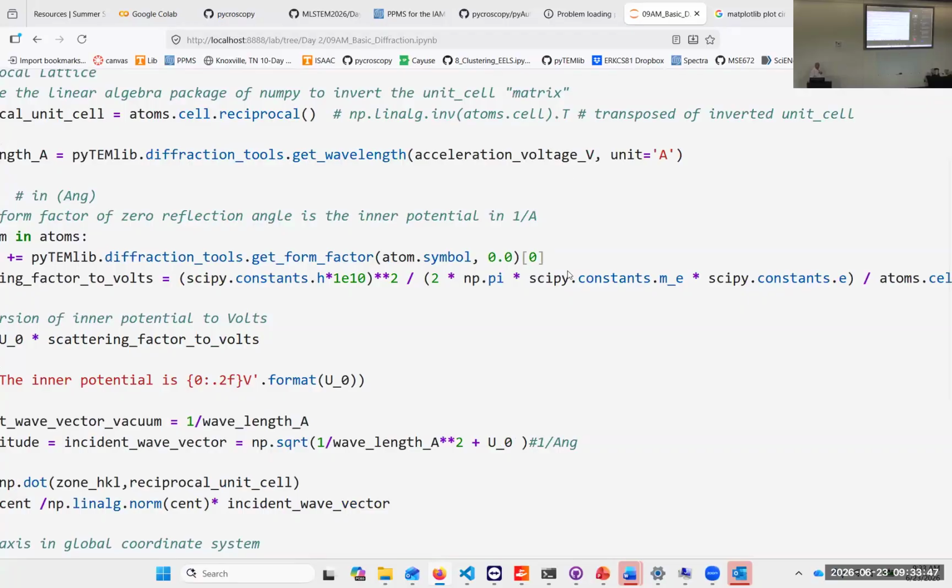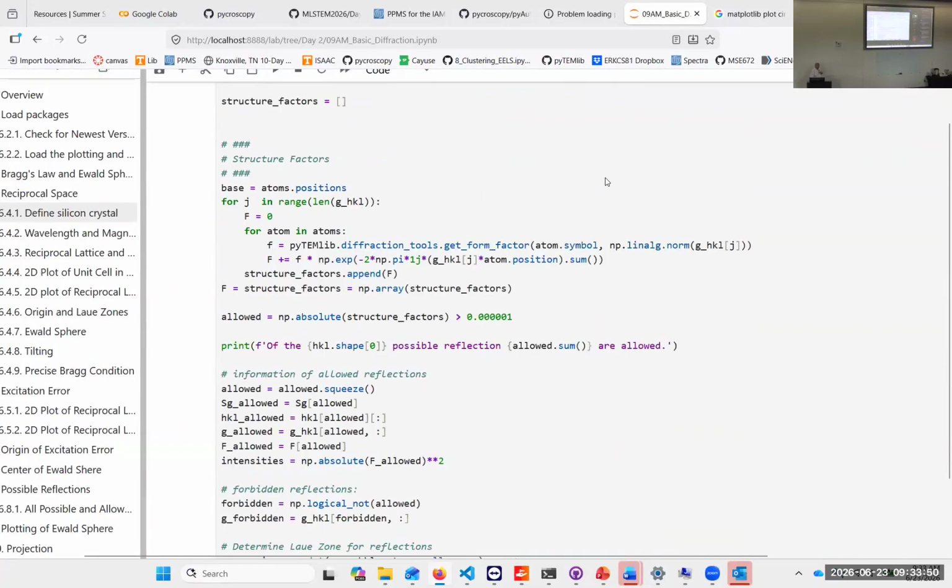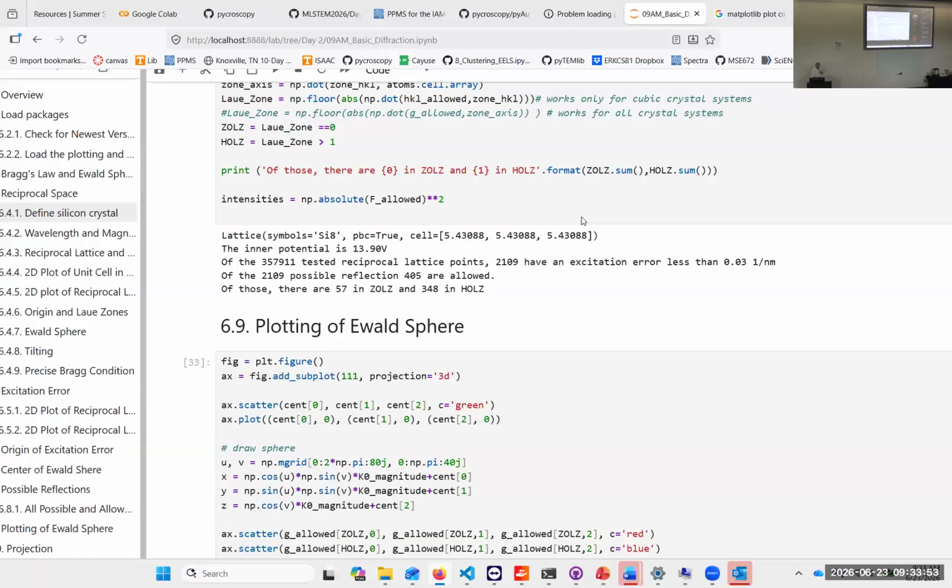It's a potential. What we want to know is where the structure factors come from. In the beginning, the lattice planes, so the reciprocal lattice, all these points are based on the unit cell. With the structure factor, now we also introduce the atoms in the unit cell.